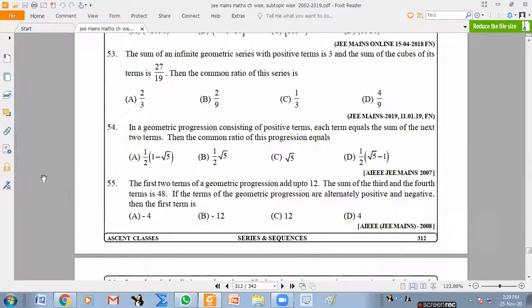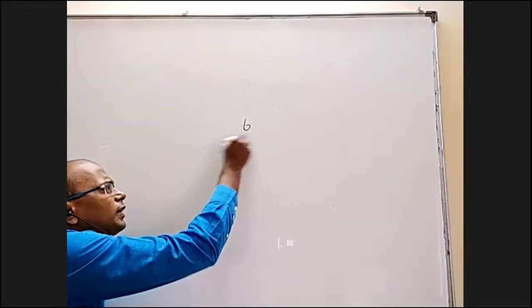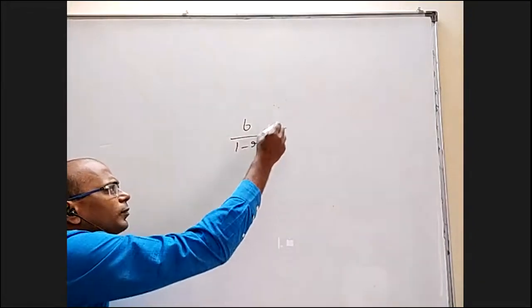52. Okay. If b is the first term of an infinite GP whose sum is 5, then b lies in the interval. So b by 1 minus R is 5.